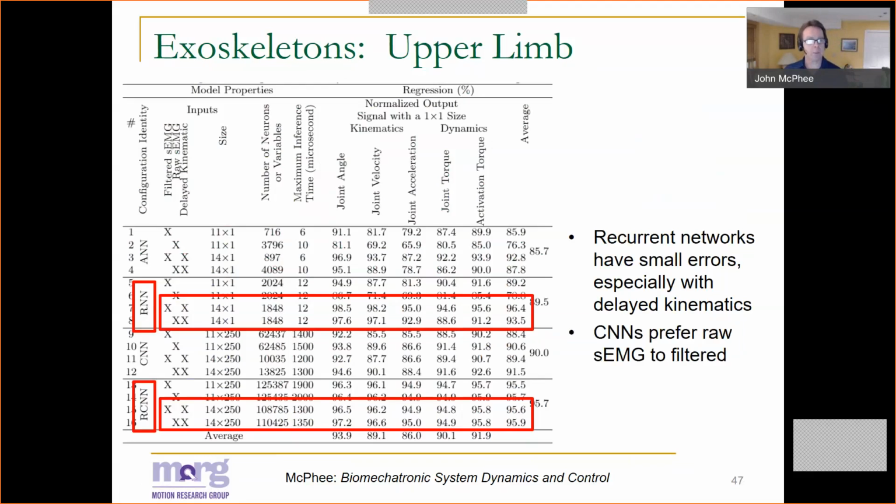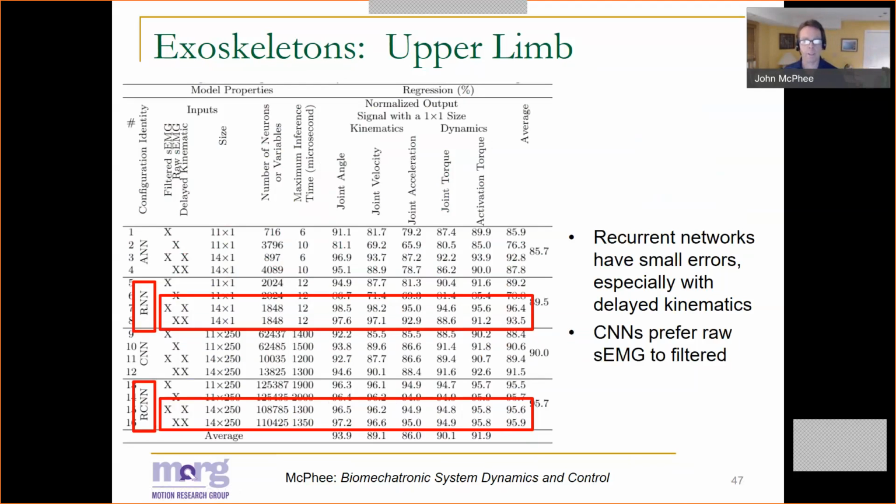What was also interesting was that the 2 CNNs, the CNN and the recurrent CNN, do better with raw EMG data versus filtered data, which means that we no longer need this time-consuming step of filtering the EMG data, because we can use the raw EMG data into our neural network, which is going to feed into our real-time controller.